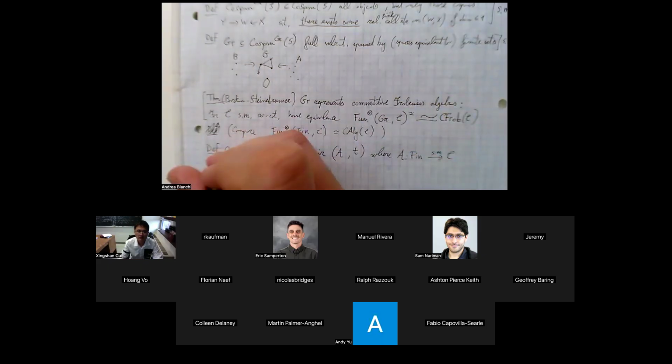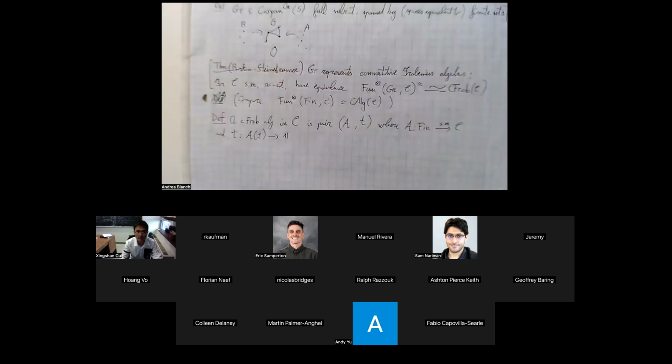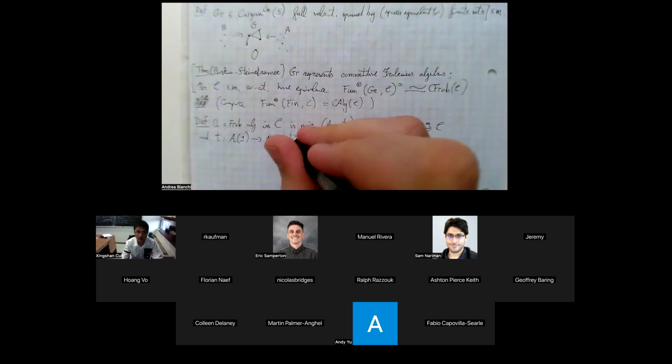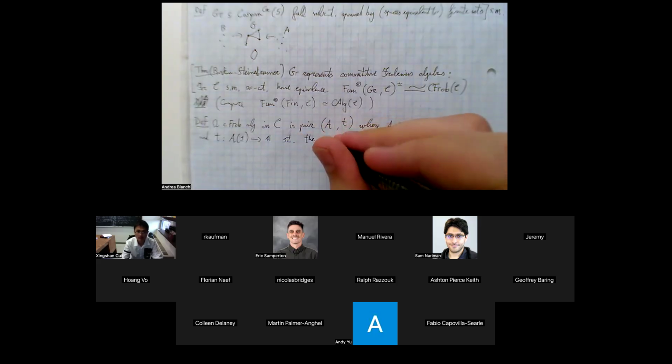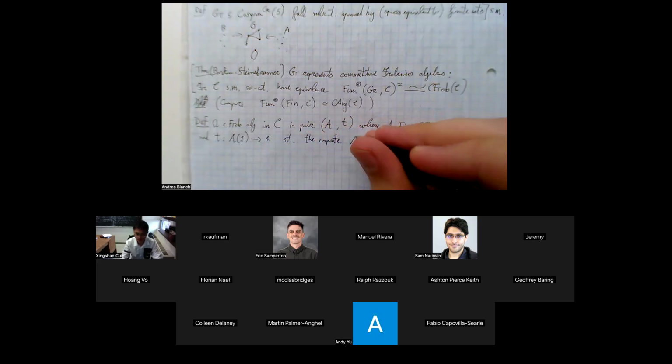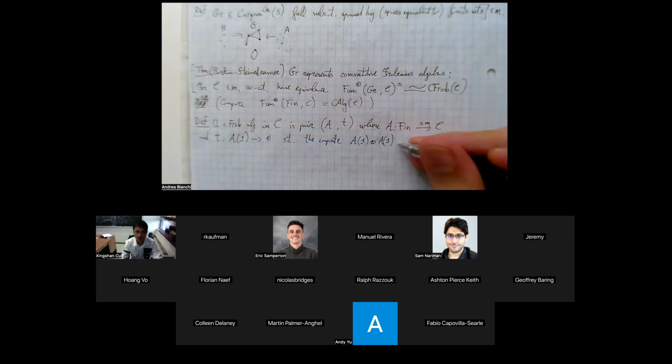And T is a map in C from A of 1 to the monoidal unit, an augmentation, such that if you go from A of 1 tensor itself, you multiply, you get into A of 1, you apply this augmentation, you get into the unit.